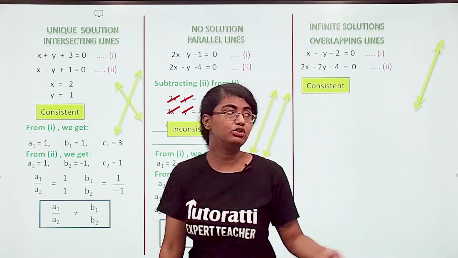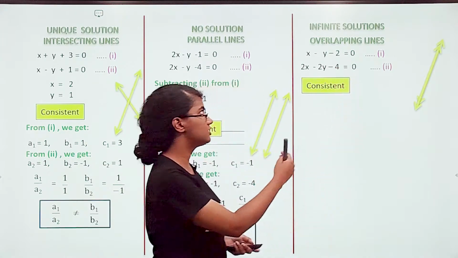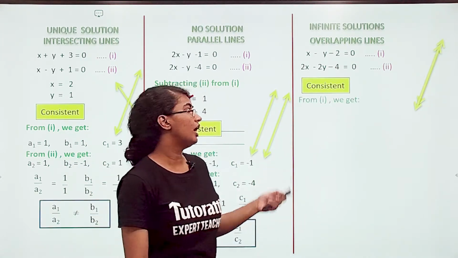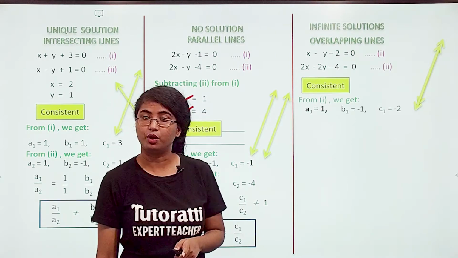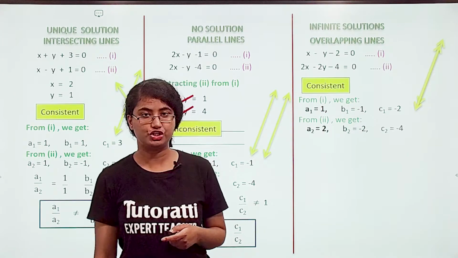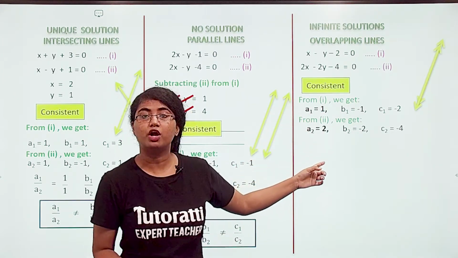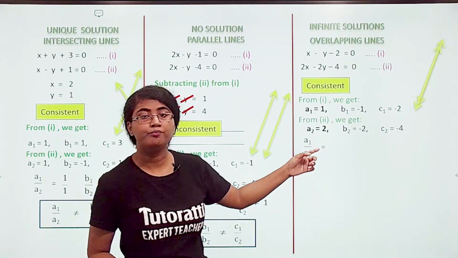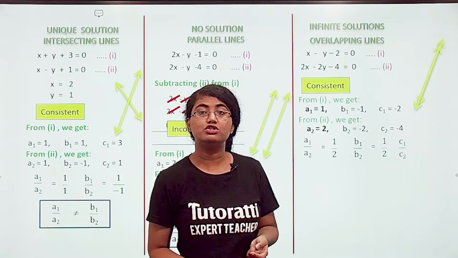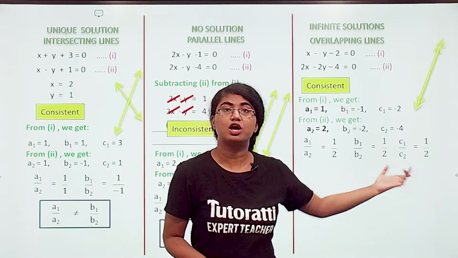Coming to the last part, which is consistency with infinite solutions. Observe a1, b1 and c1, also obtained from equation 2, a2, b2 and c2. Again take the ratio. a1 upon a2 is 1 upon 2, b1 upon b2 is also 1 upon 2, and c1 upon c2 is also 1 upon 2, which means all three ratios are in proportion.